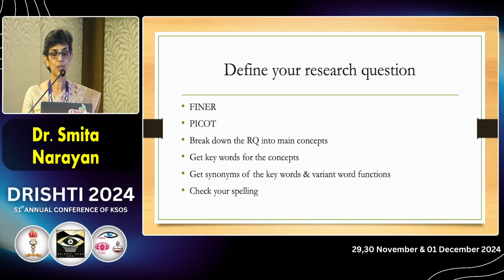Break down the research question into the main concepts and get the keywords for these main concepts. You can get these keywords by an ordinary Google search, and then you can also use the synonyms of the keywords and the variant word functions. I shall describe the variant word functions after some time, and check your spelling.